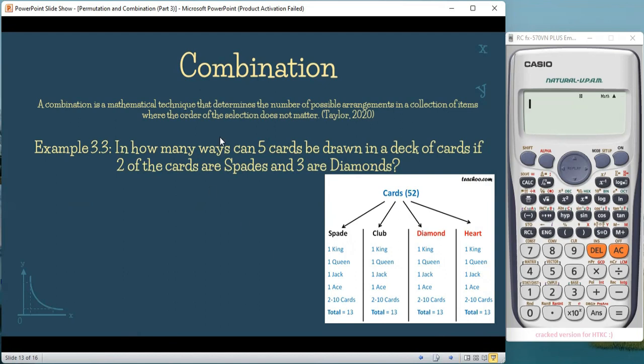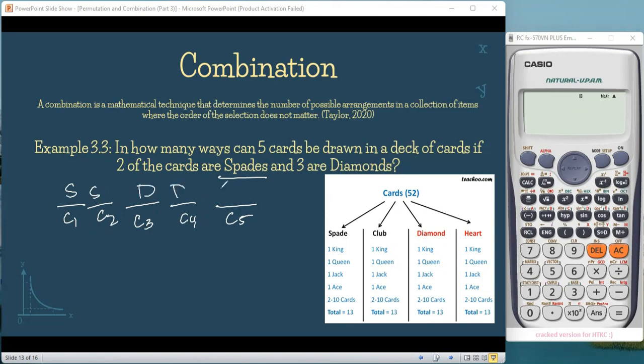So ibig sabihin po, to visualize that, ito C1, card 1, card 2, card 3, card 4, and ito po card 5. So ito daw pong dalawa ay spades. So ito po spade, spade, at yung tatlo naman po diamond, diamond, diamond.